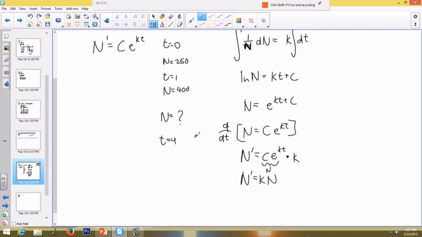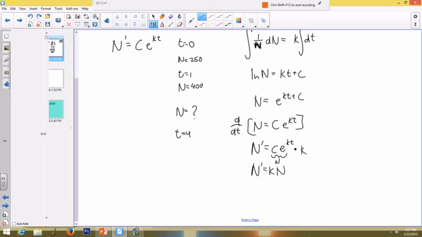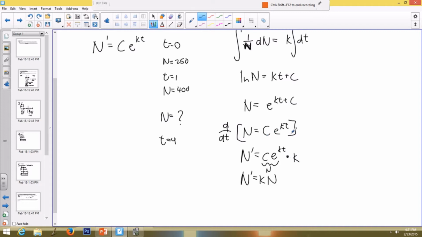Well, here's what I'm going to do. I'm going to use this equation for N, and I'm going to try to solve this thing. So I've got N equals c e to the kt, because they don't want N prime, they want to know what N is. So I need to solve that. So when t equals 0, let's just plug in for that first one.